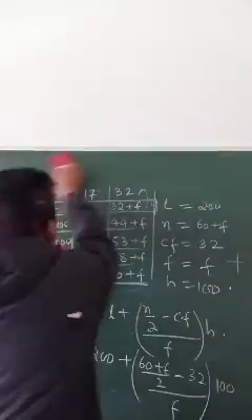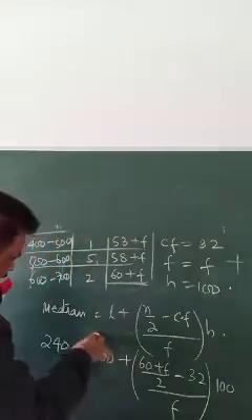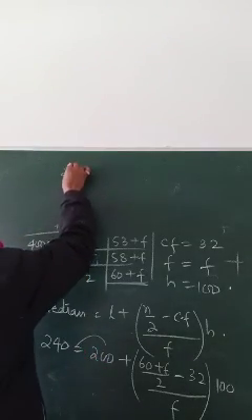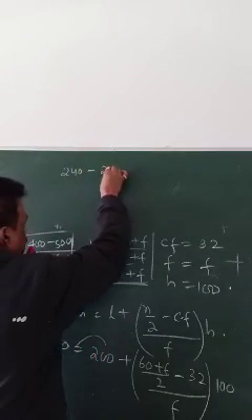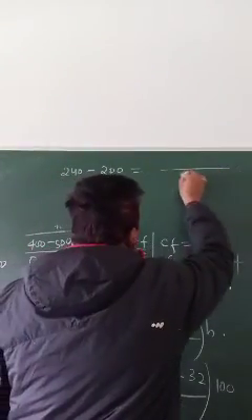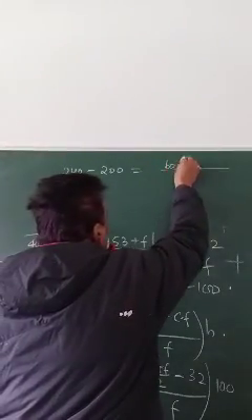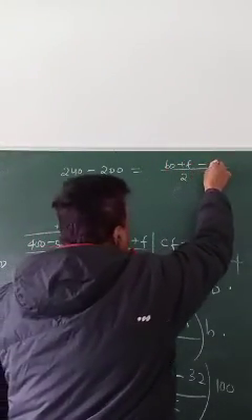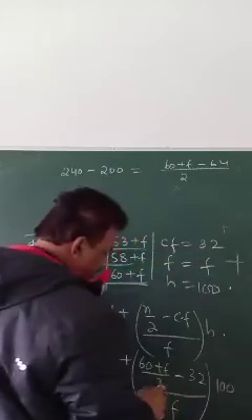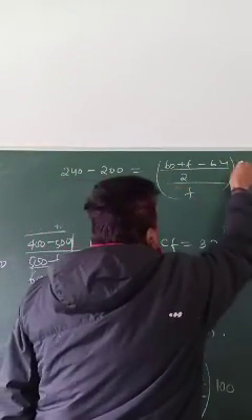So if you do the calculation, 240 minus 200, take 2 LCM, then 60 plus f minus 64, 2 has to be multiplied, divided by f into 100.